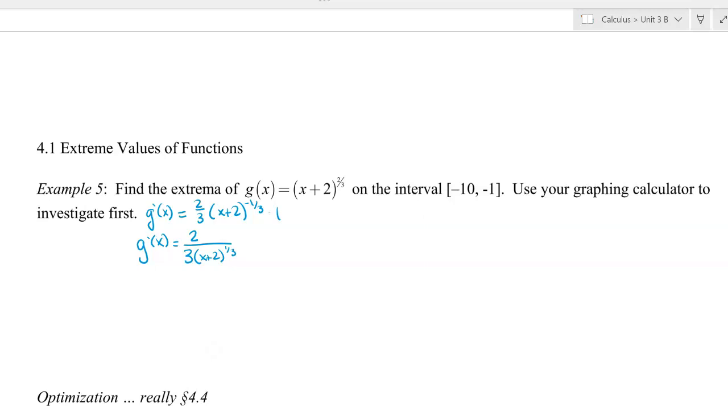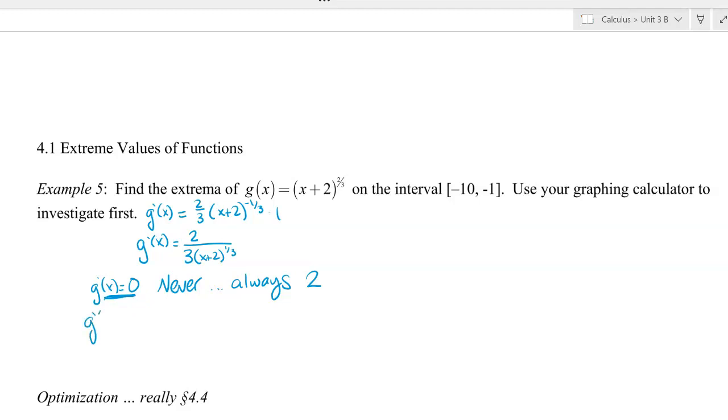Again, I just need to know where this derivative is 0, and that is going to be never, because where it is 0 would be based off my numerator, and my numerator is always going to be 2. And 2 never equals 0, so hopefully we know that at this point in our mathematical careers.